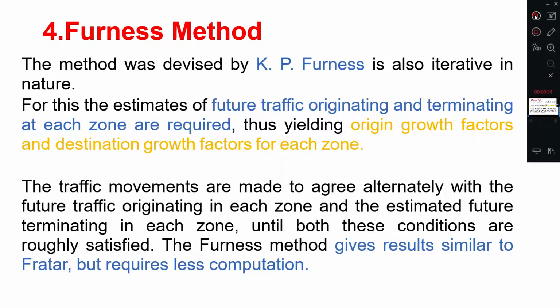Here he has considered the future traffic originating and terminating at each zone, and their growth factors are multiplied alternatively to distribute the trips among the various zones. It is similar to the Frater method but requires fewer computations.